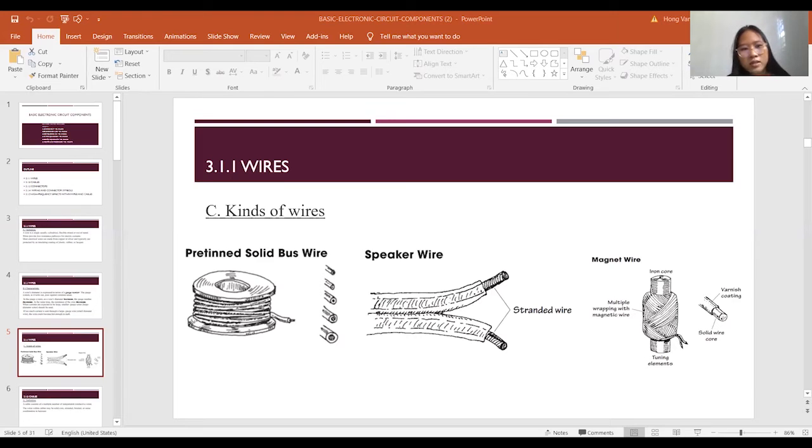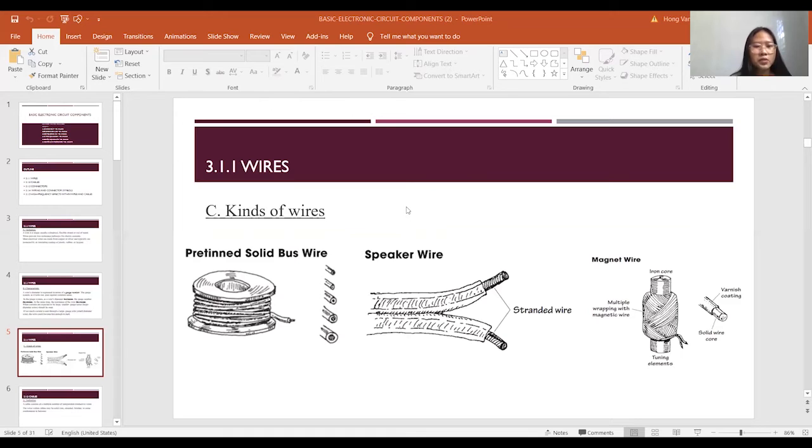It is usually used for breadboards, printed circuit boards, or other applications where small bare wires are needed. And the picture in the center here is speaker wire.